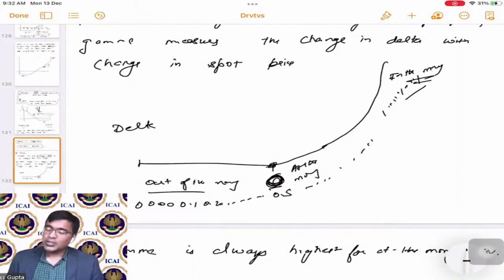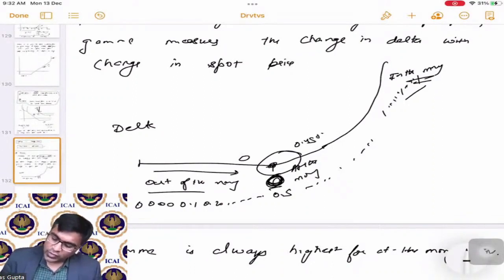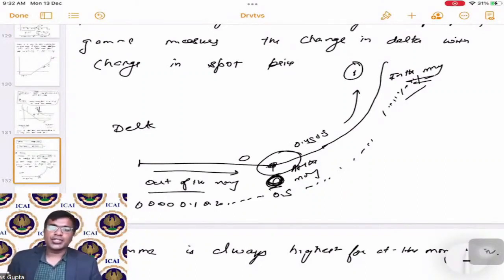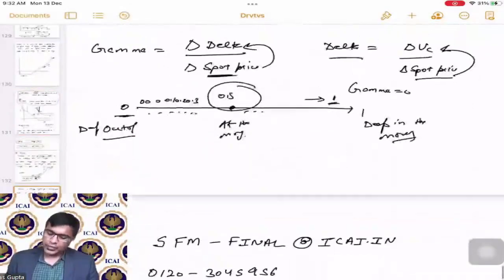So the delta will move very fast when it is at the money. See, quickly it has gone from 0 to almost 0.45 or 0.5. Then it has quickly gone to 1. Now, after reaching 1, delta is not going to change. And starting from 0, it is slowly increasing. Okay. So don't get confused.